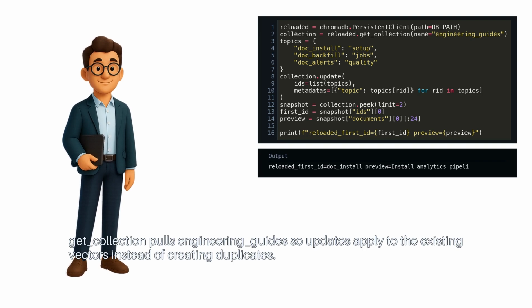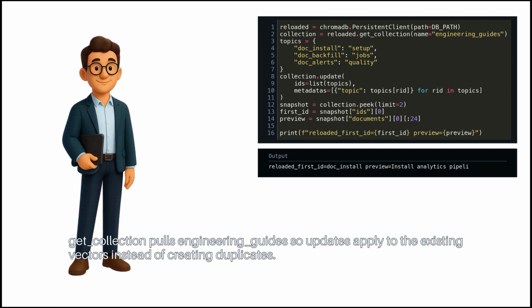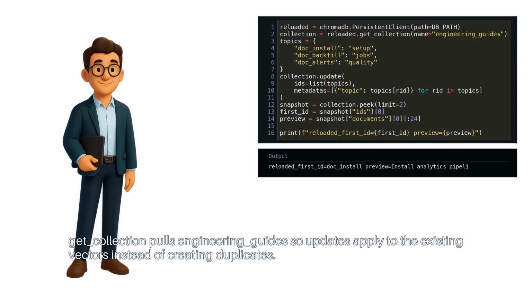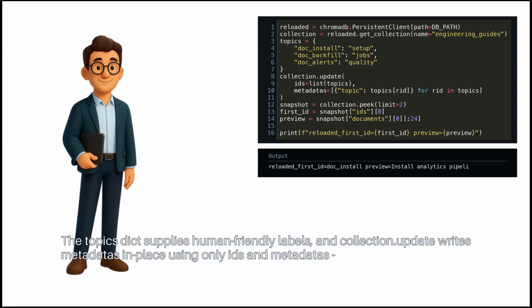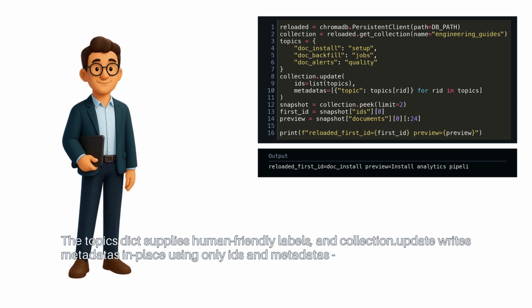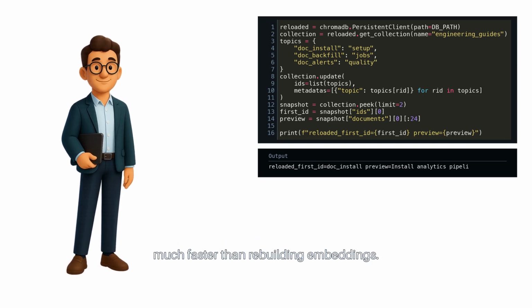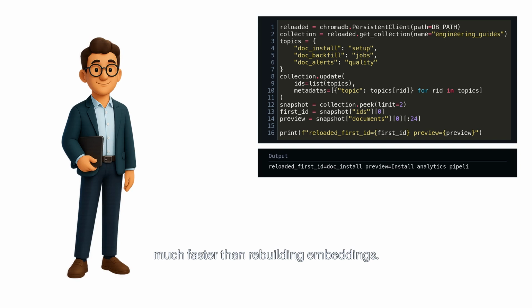Get collection pulls engineering guides, so updates apply to the existing vectors instead of creating duplicates. The topics dict supplies human-friendly labels, and collection.update writes metadatas in place using only IDs and metadatas. Much faster than rebuilding embeddings.